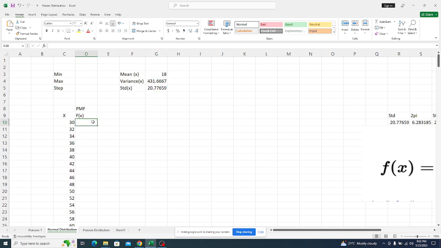We can calculate the probability mass function. So we are going to say equal to Poisson distribution. Then we need the x value, here it's the x value. Then we need the mean, so this will be our mean, and we'll have to lock that cell with our dollar signs, because we will be referencing.